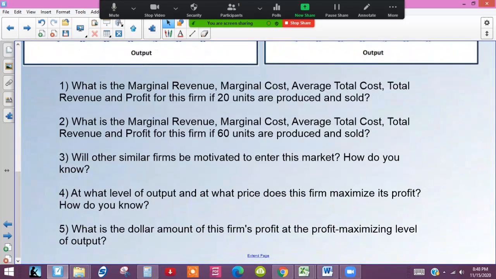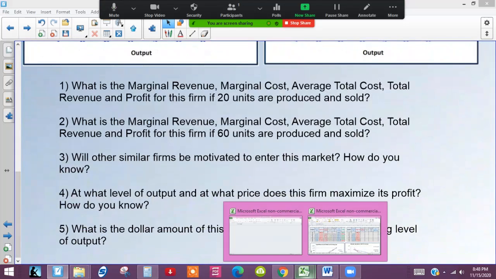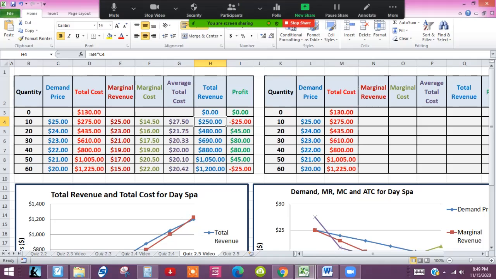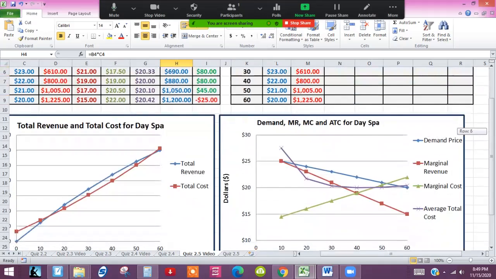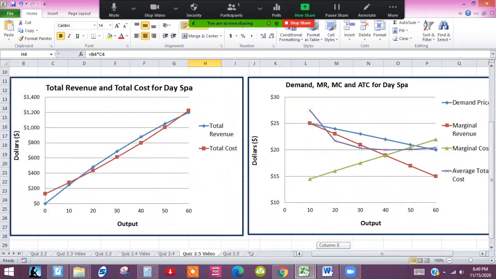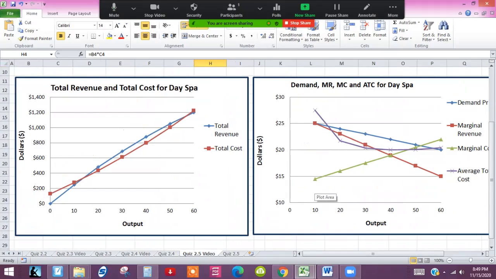So the key to you guys being able to answer these questions is to know how to compute marginal revenue, marginal cost, average total cost, total revenue, and profit if you know the demand, price, quantity, and total cost. So we've gone over how to do that, and you're in the ballpark. I mean, you can see you're going to have these graphs on your quiz to look at, so you'll be able to see to make sure you're in the right ballpark, just by looking at the graph.